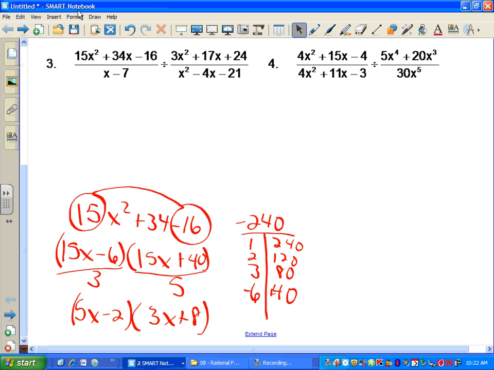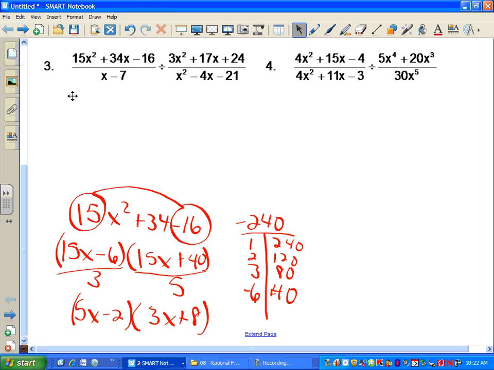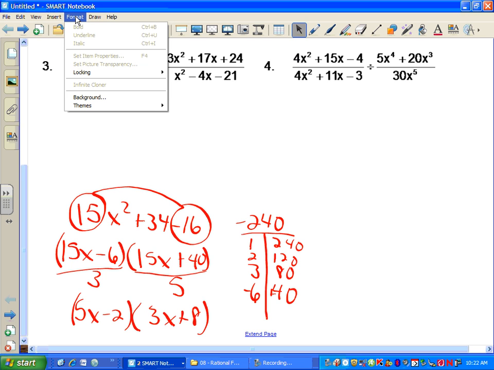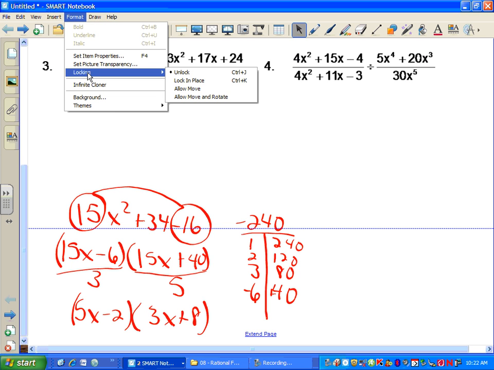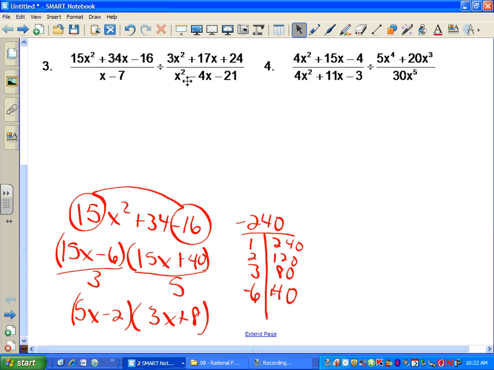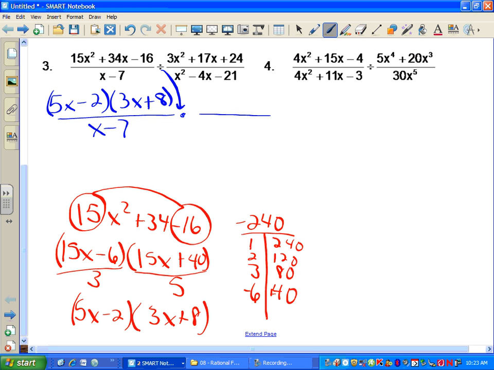So let's go ahead and transfer that up here. So here we go. 5x minus 2, 3x plus 8 over x minus 7 times, since I changed division to multiplication, I'm going to flip the second one.